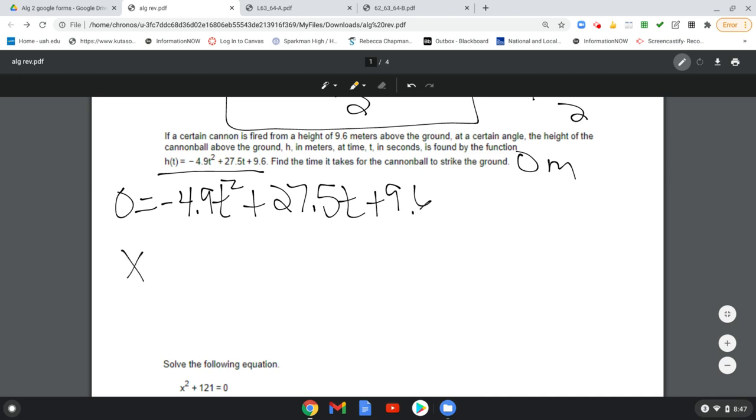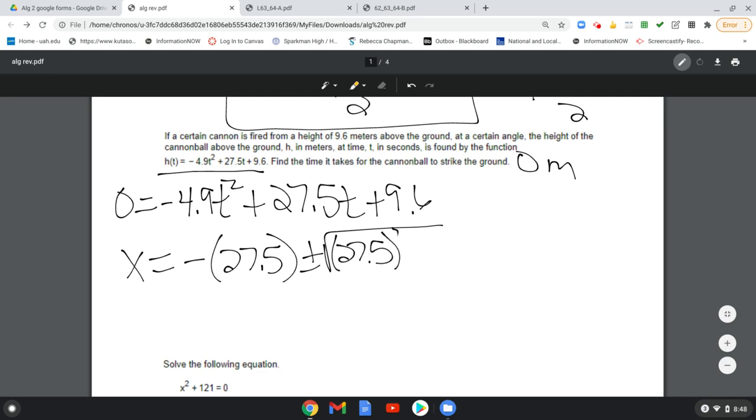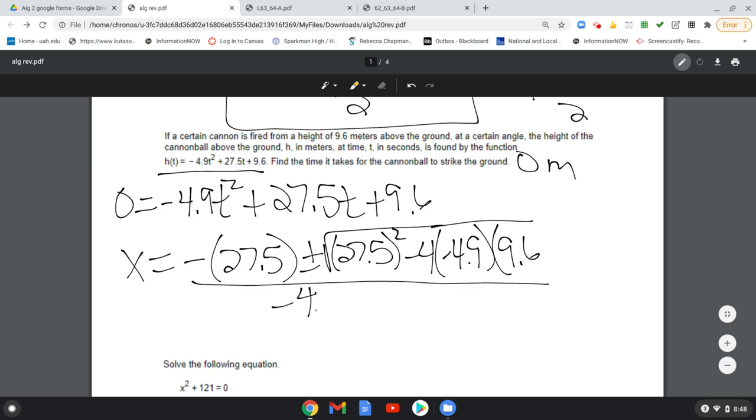We're going to plug all of that into our quadratic formula. So that would be negative 27.5 plus minus the square root of 27.5 squared minus 4 times negative 4.9 times 9.6, and all of that is over negative 4.9 times 2.